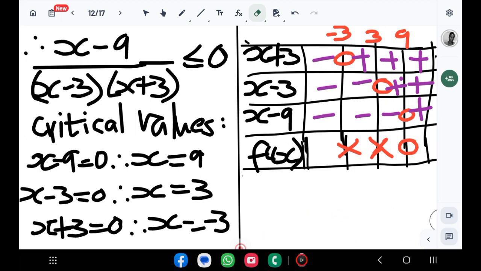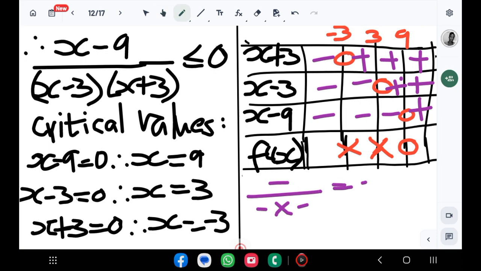Here is how f of x is figured out. For each and every one of them, we've got a sign. So for the region here, less than negative 3, our f of x starts with x minus 9, so that is negative, over, at the bottom we've got x minus 3, and that is negative, times x plus 3, and that is also negative in this case.